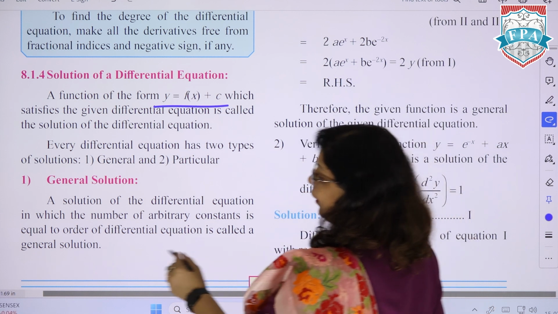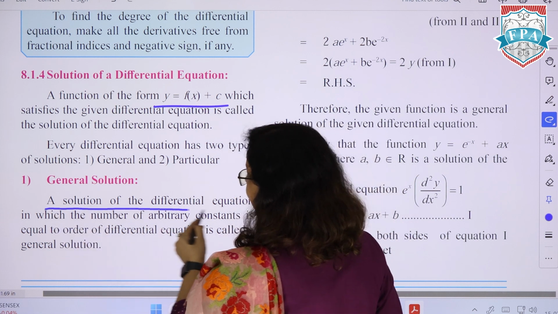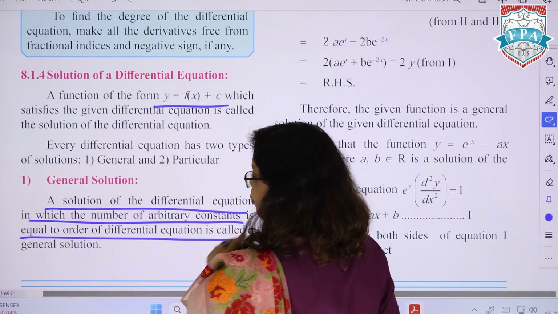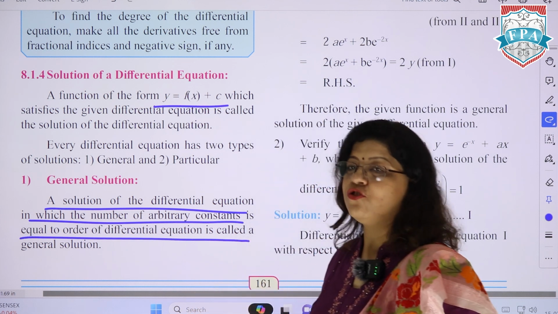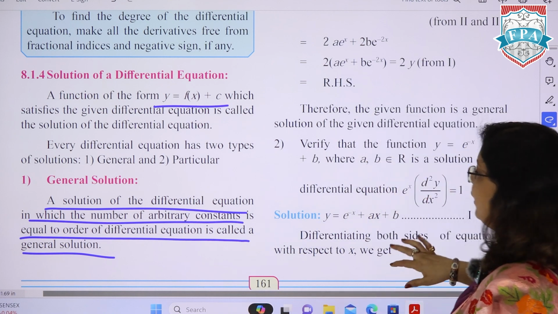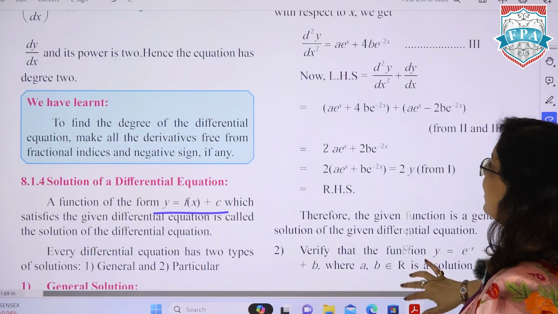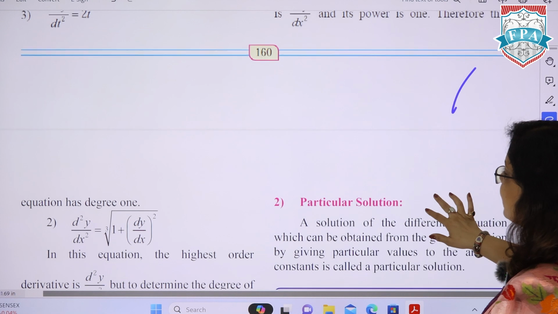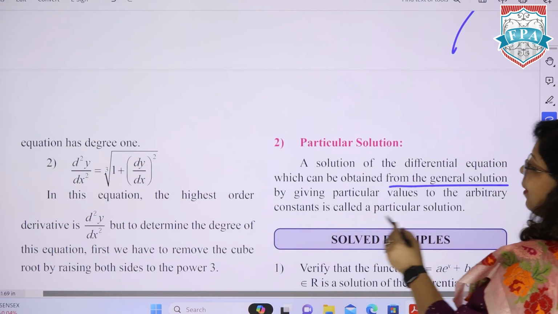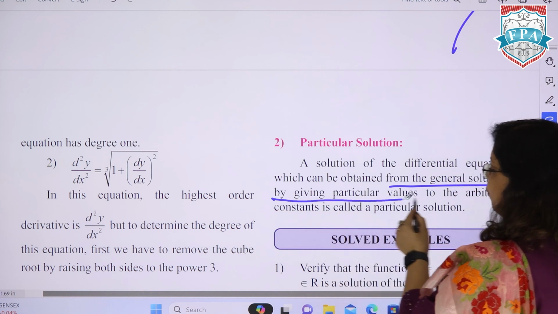A solution of a differential equation in which the number of arbitrary constants is equal to the order of the differential equation is usually the general solution. And a particular solution is the solution which can be obtained from the general solution by giving fixed values.